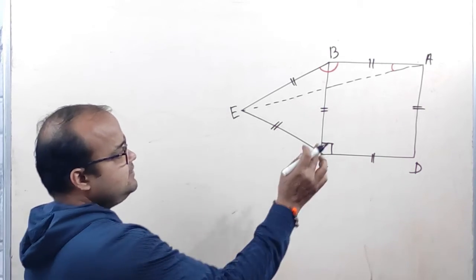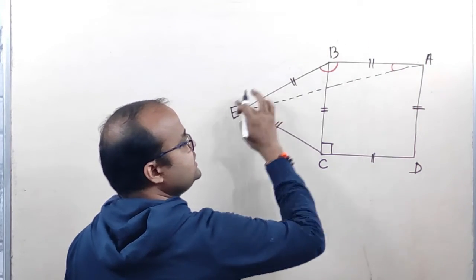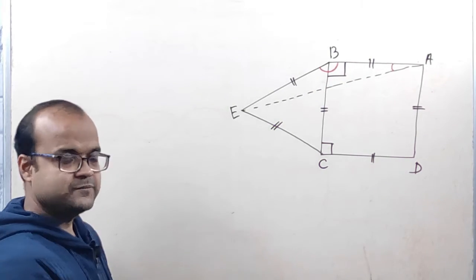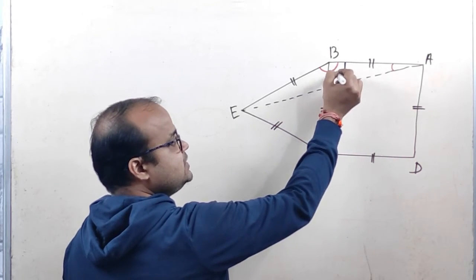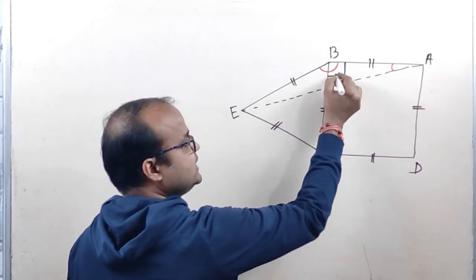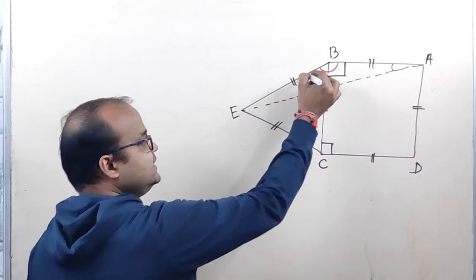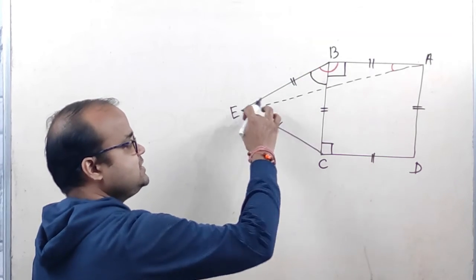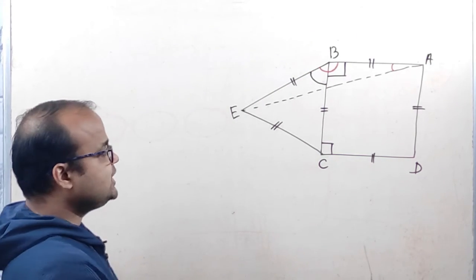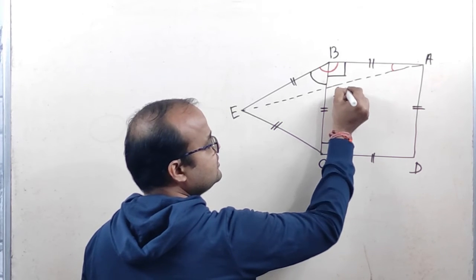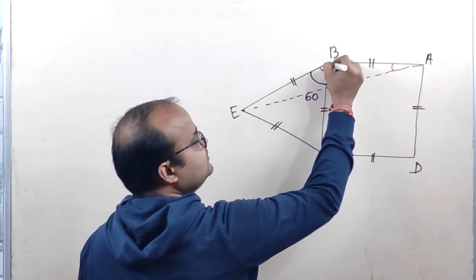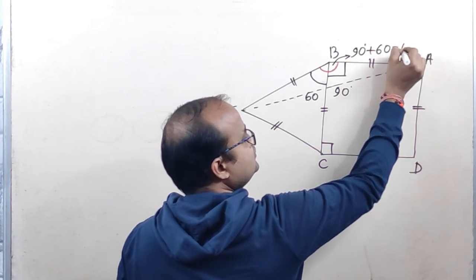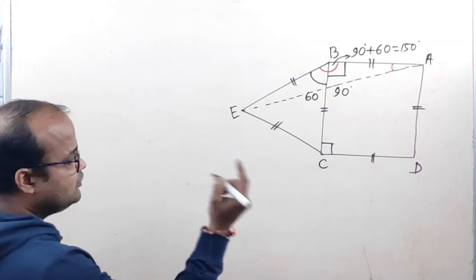Now if you see the first part, ABE, this angle is equal to 90 degrees, since ABCD is a square, so angle B equals 90 degrees, and this angle is equal to 60 degrees since BEC is an equilateral triangle. So this is 90, this is 60, so angle B is equal to 90 degrees plus 60 degrees equals 150 degrees. How do you present this sum?